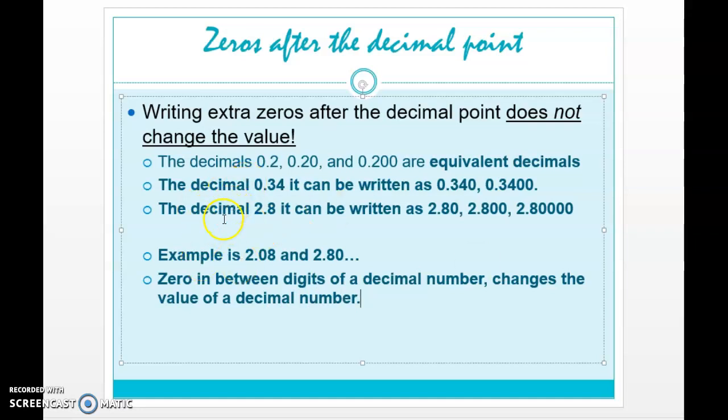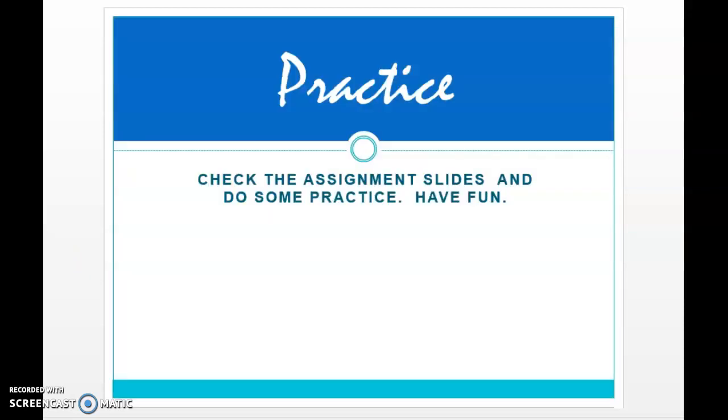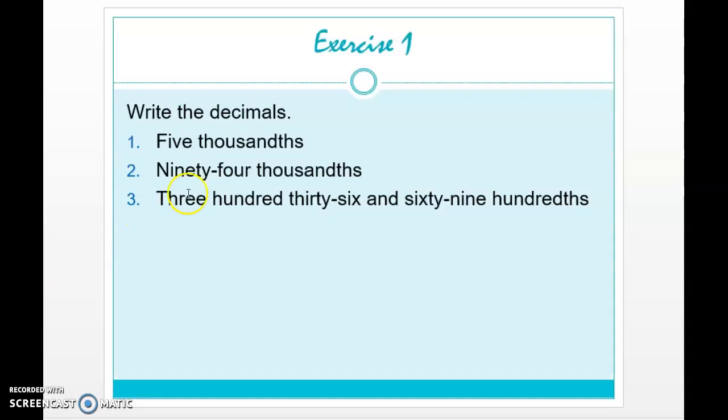Now, I want you to go into your slides. There are next slides where I'll want you to go and do practice. Check the assignment slides and do some practice. For example, one of the slides says write the decimal 5 thousandths. If it's 5 thousandths, it means it will be a number with three decimal places.